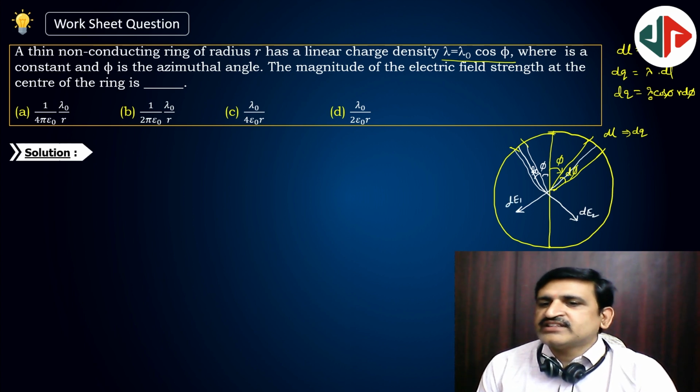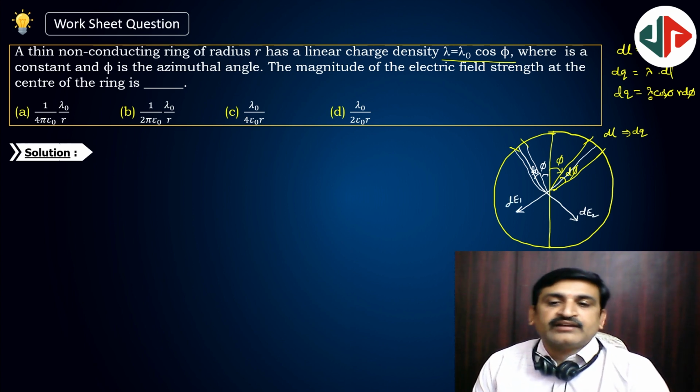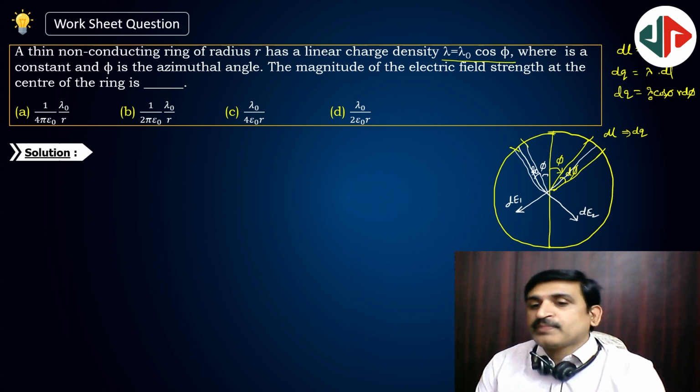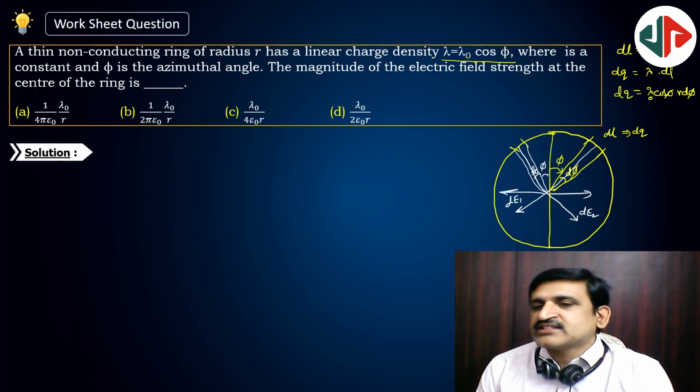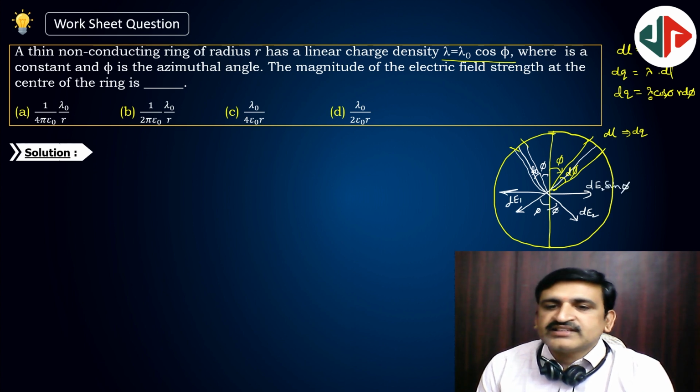If you resolve them into two components, one comes this way and one comes this way. Here also phi will come, so this is the sine component, dE2 sine phi and dE1 sine phi.